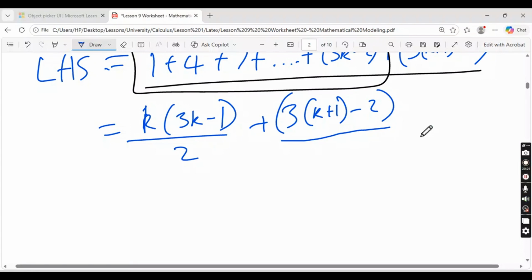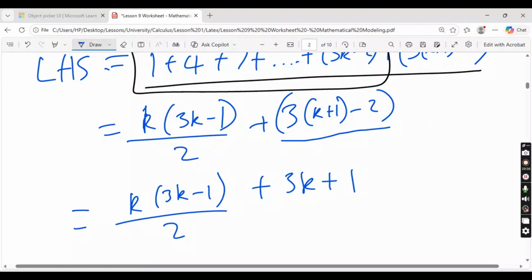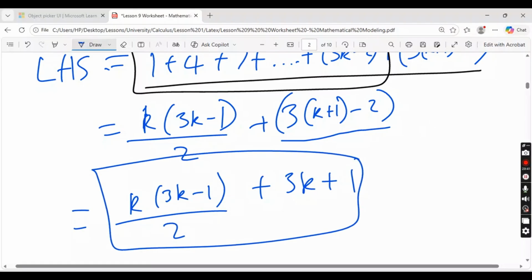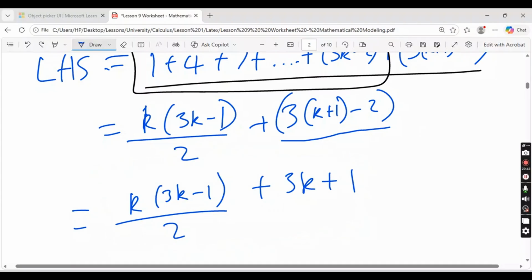Okay, let me write it down. So we have 3k plus 1, and k times 3k minus 1 over 2. Now we have to add these two together, and it should be a fraction. So what would it give us now?